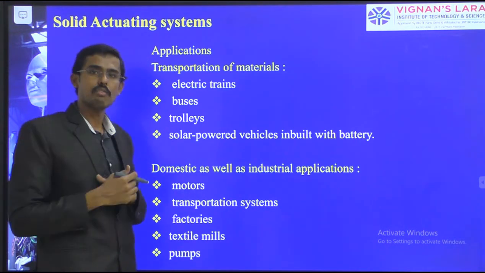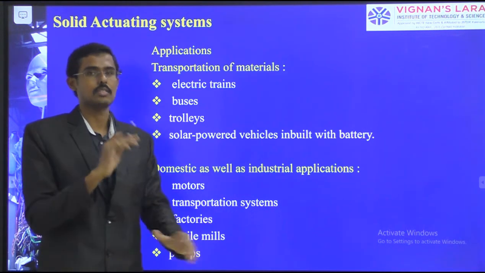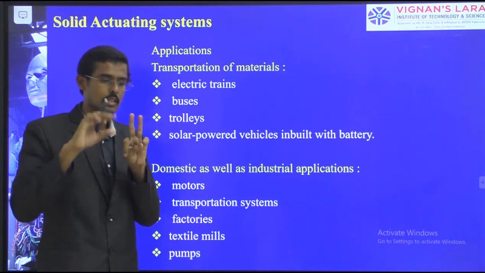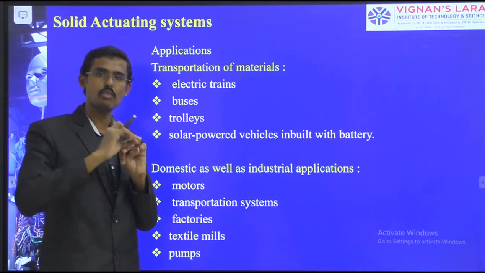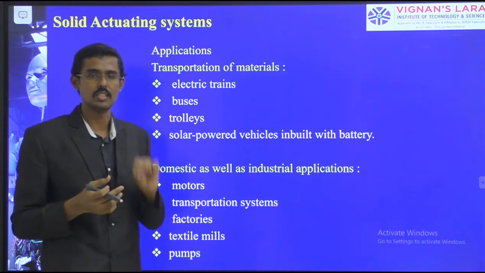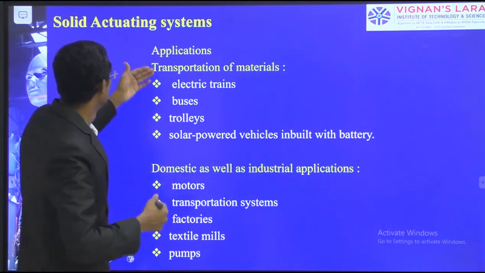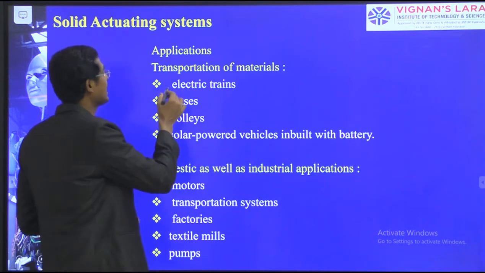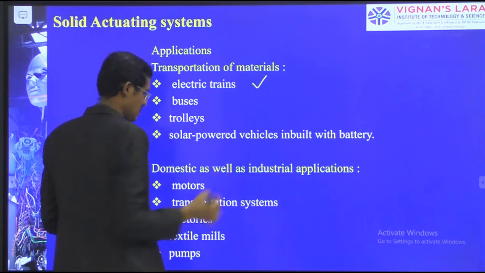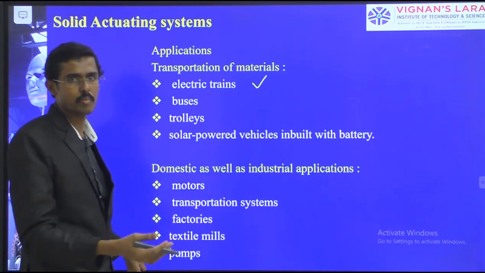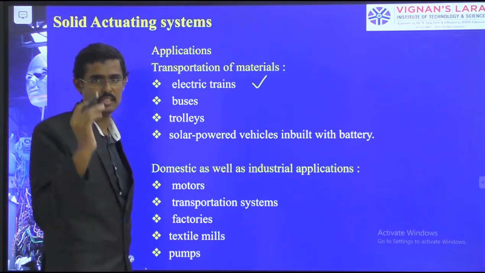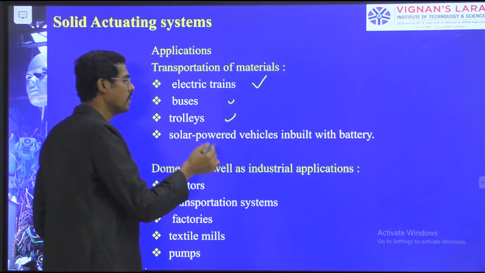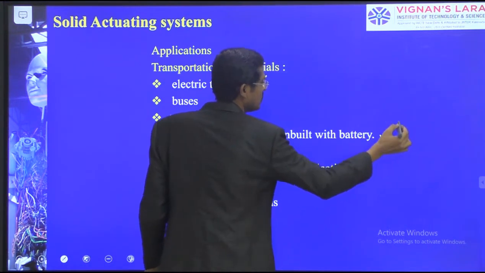Now the applications of this electrical drive system. Out of the 3, we have started with electrical drives, then you have to go for the pneumatic, then the hydraulic, and then this module will be completed. For transportation of materials, we are using electrical trains. Heavy trains can be operated by electrical motors or electrical connections. Electrical trains, buses or trolleys, solar powered vehicles with built-in batteries.